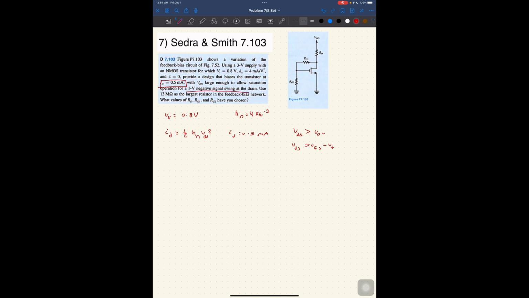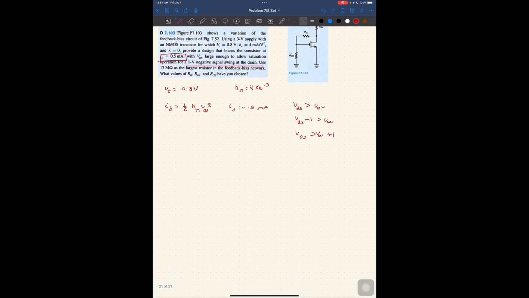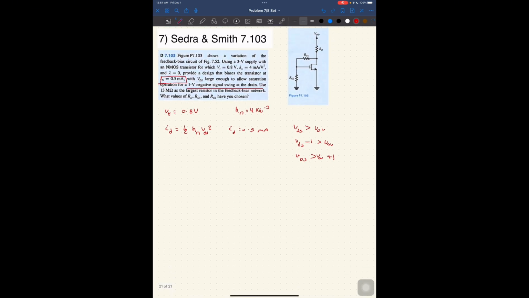For a 1-volt negative signal swing at the drain, really it's VDS minus 1 has to be greater than VOV. So VDS has to be greater than VOV plus 1. Use 13 mega ohms as the largest resistor in the feedback bias network.